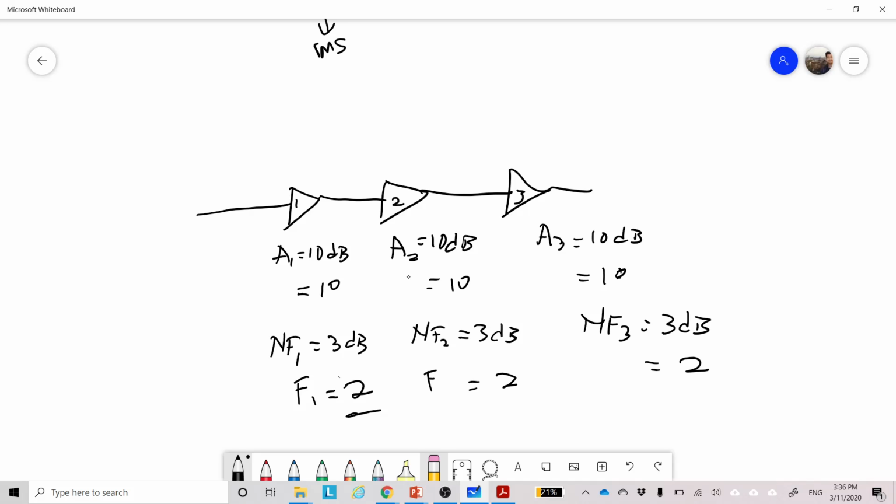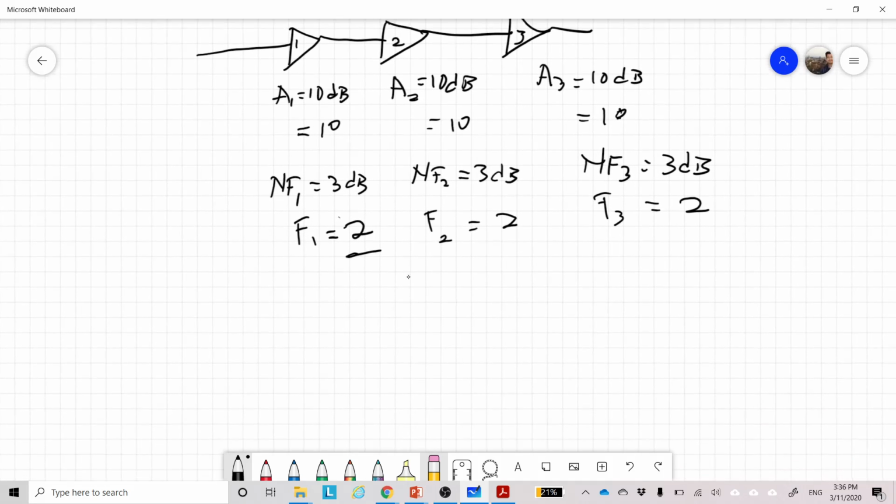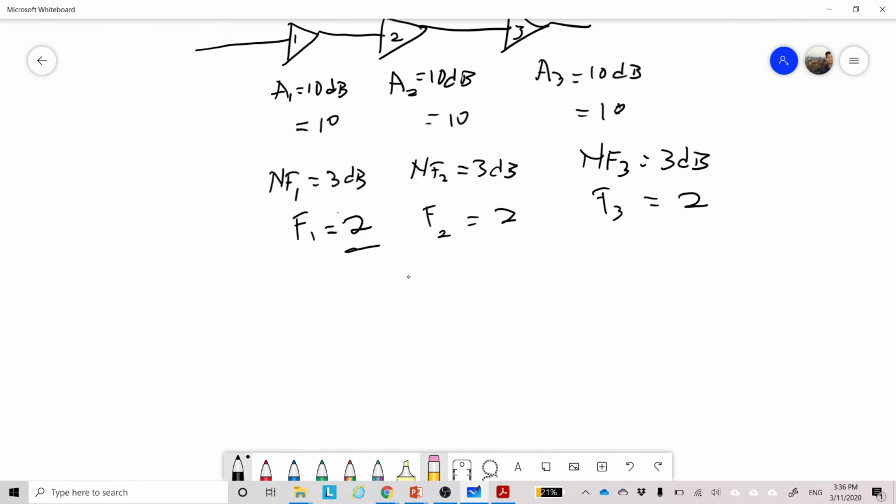So F2, ini F3. Okay, so apa yang dia buat adalah untuk mencari soalan tanya berapakah NF total. In order to find NF total, you need to find the F total. Okay, ini kena guna Friis equations sebab dia adalah cascaded.